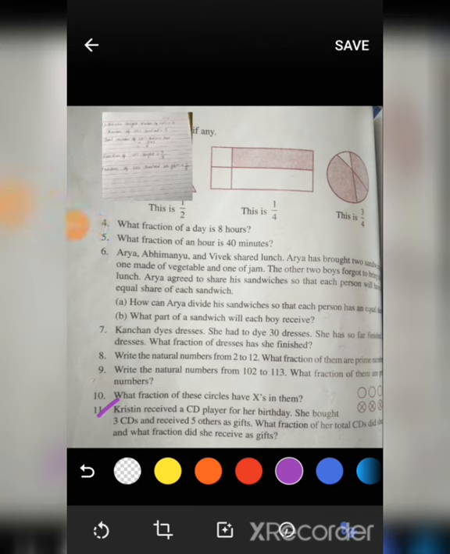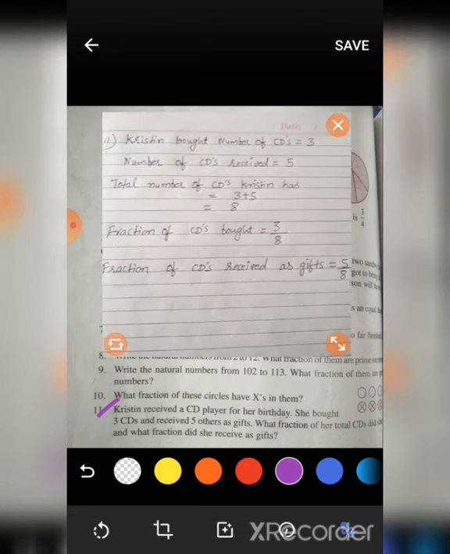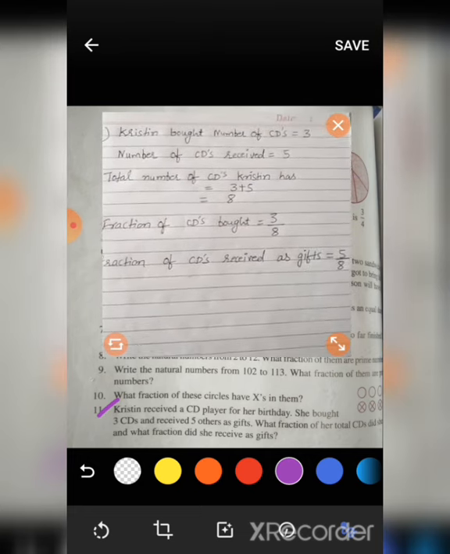Now we will do exercise question 11. Christian received a CD player for her birthday. She bought 3 CDs and received 5 others as gifts. What fraction of her total CDs did she buy and what fraction did she receive as a gift? For this question, first understand the question.